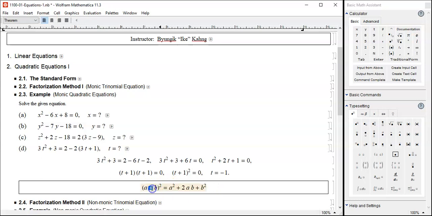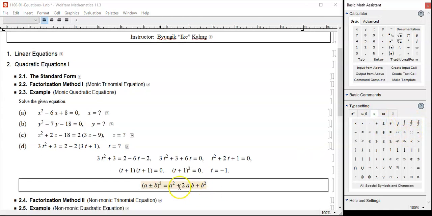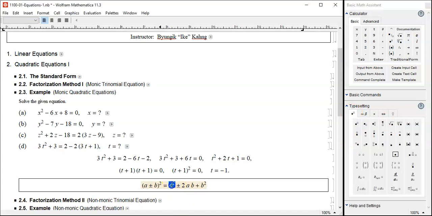Now, if this is minus, then only this one changes sign. The square part stays positive. When this is plus, plus, minus, minus. The complete square formula is extremely useful. It applies over here. But if you use the usual factoring method, it works as well.